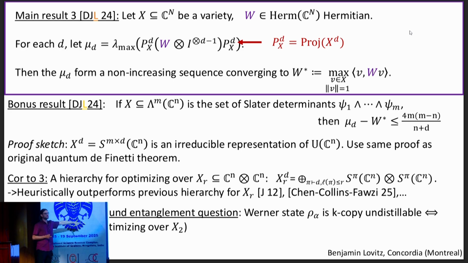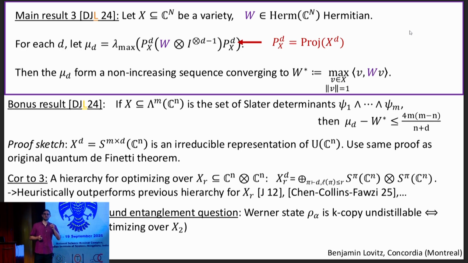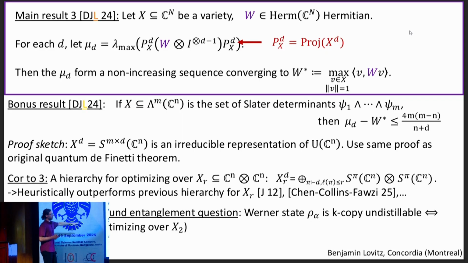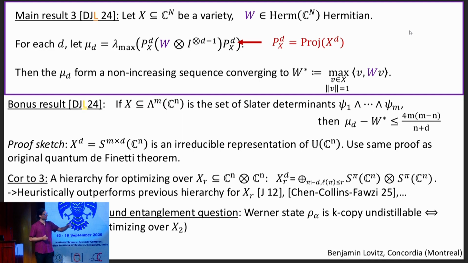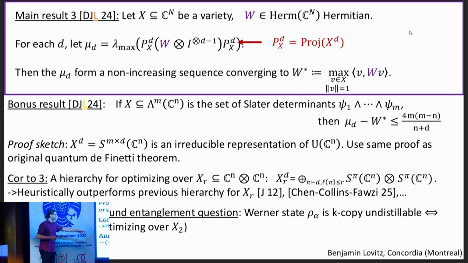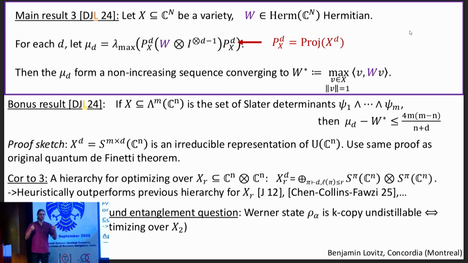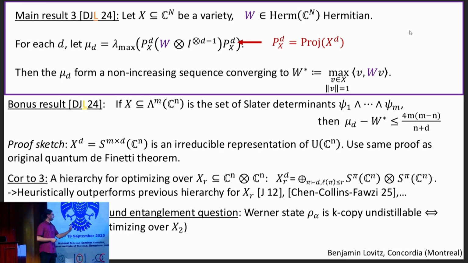This is a particularly interesting case because optimizing over Schmidt rank R states is highly related to the NPT-bound entanglement problem. The Werner state is k-copy undistillable if and only if its partial transpose tensor k, when you optimize it over Schmidt rank 2 states, is non-negative.